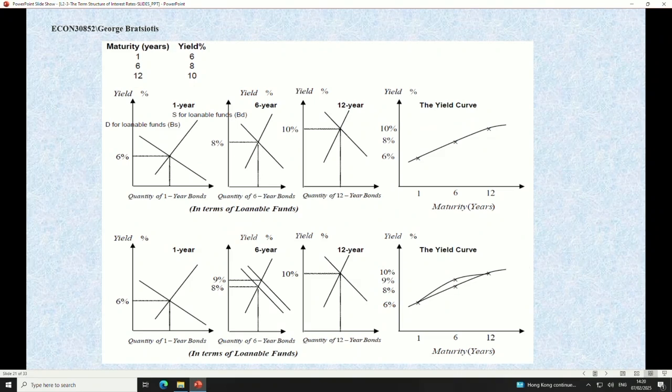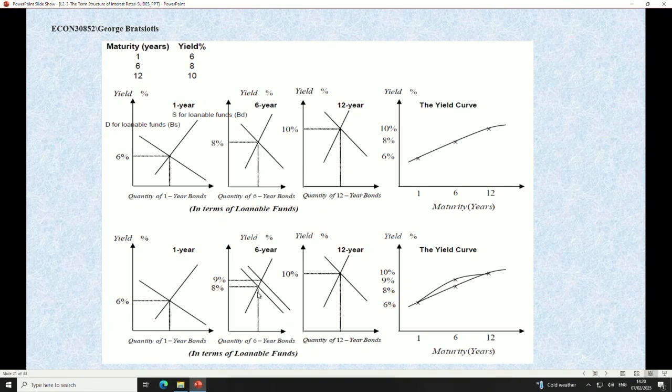That's one theory. So you may say, what's wrong with that theory? Why don't we stop here? It sounds good, yeah? Well, this is the problem. Let's say that something happens in a particular market, the 6 year. There's an excess demand for loanable funds.